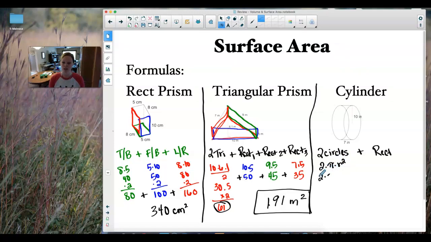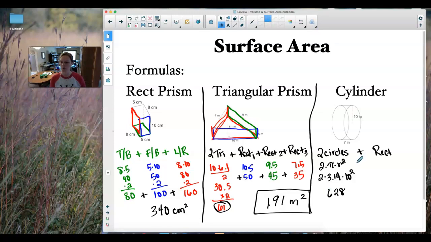So that's 2 times 3.14 times the radius here, which is 10, so 10 squared. So I'm going to put that in my calculator, and you get 628.